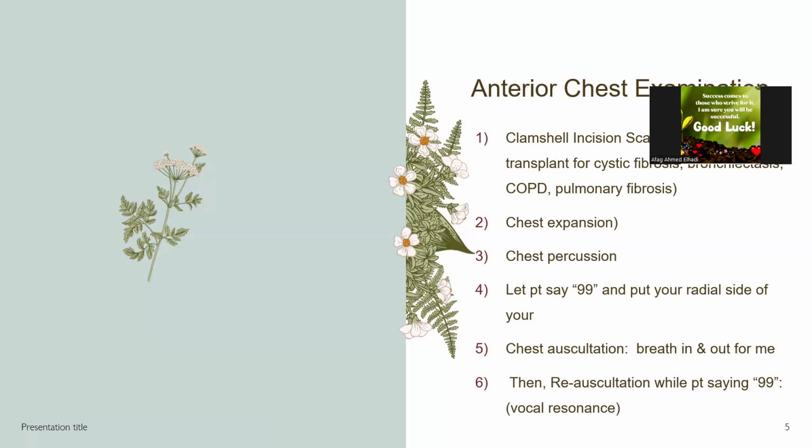And normally, for example for chest expansion, start from the lower part of the chest anteriorly, because in most stations the findings will be in the lower part. Then do another one in the center of the chest.